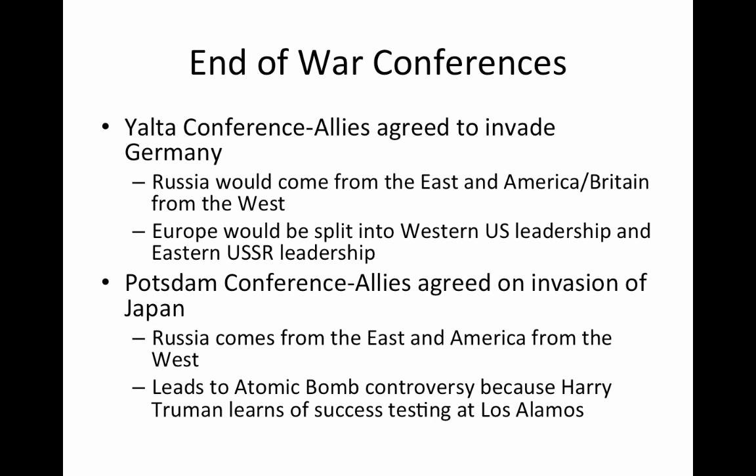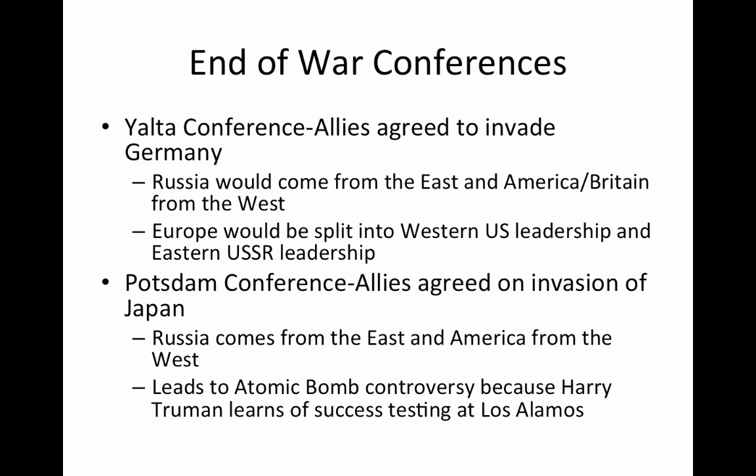At the Potsdam Conference, the Allies agreed that there needed to be an invasion of Japan. But the United States and the Western powers were afraid that they would end up in the same situation that they did in Europe. If Russia came in from the east and America from the west, they would again have to split up Southeast Asia. But they had a way out of this. During the conference, there had been a testing of the atomic bomb, and it had worked.